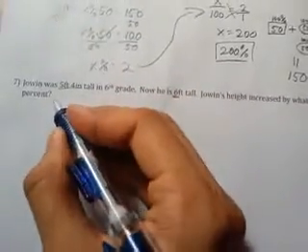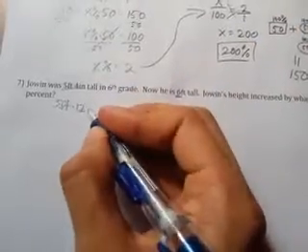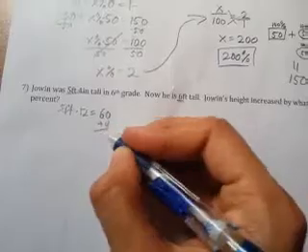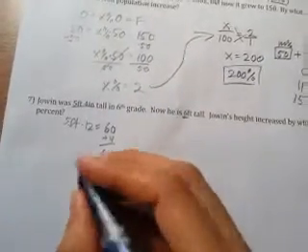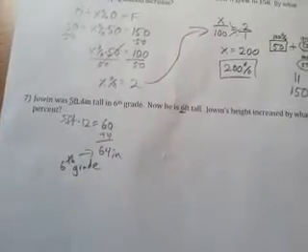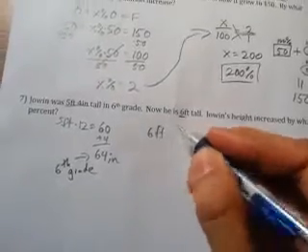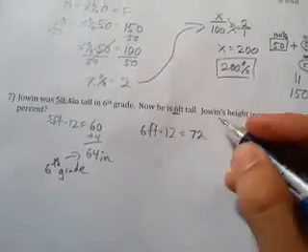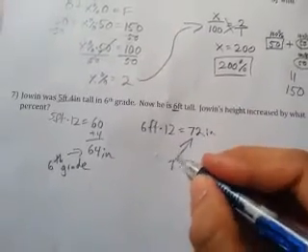So 5 feet, and there's 12 inches in a foot, so that's going to be 60, but I have 4 more, so that's a total of 64 inches when he was in 6th grade. How about now, in 7th grade? Well, 6 feet times 12 would give me 72 inches.